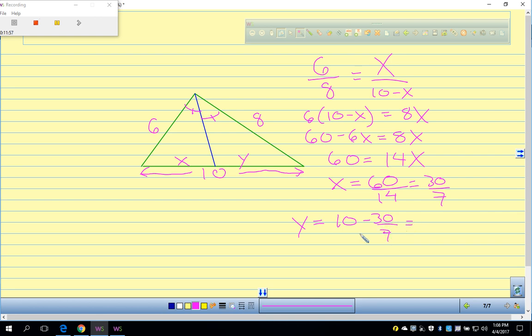That's 70 over 7, so that would be 40 over 7. Is that right? 40 over 7, yeah, that'd be right. So if x is 30 over 7, then y would have to be 40 over 7. Sorry my numbers don't work out, but that's how you do it.